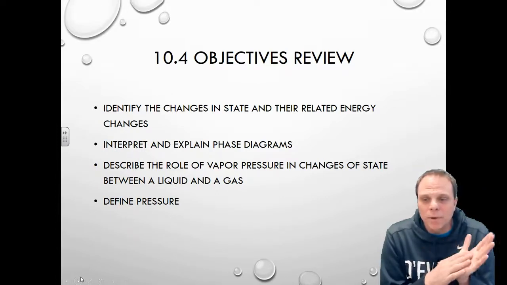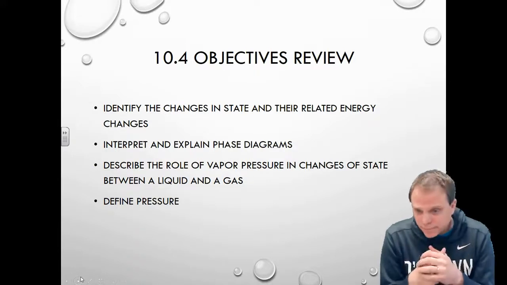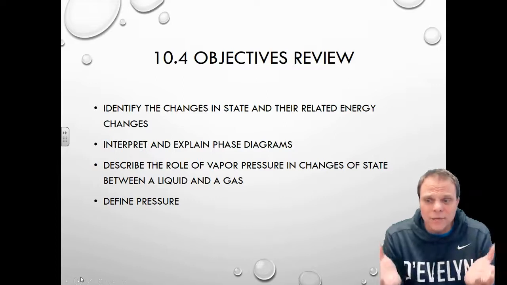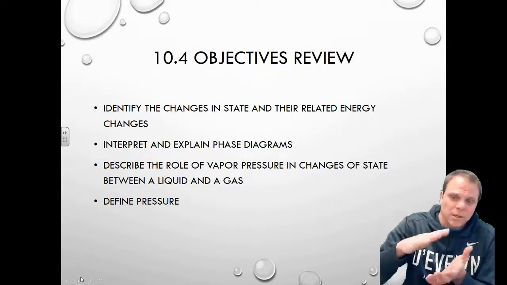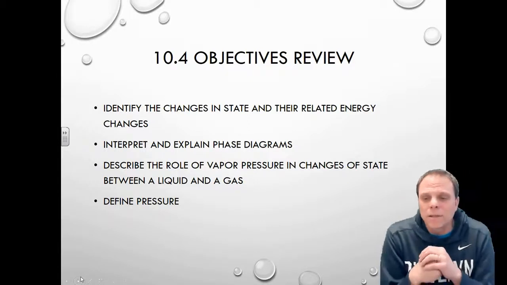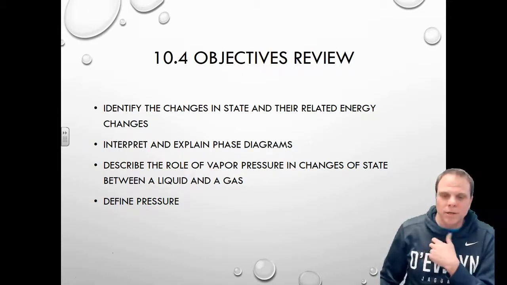And then describe the role of vapor pressure in changes of state. Yeah, so if I increase my vapor pressure, I can see different things happening between the liquid and gas, right? If I increase that pressure, I can make more of that gas go into a liquid form. And so I would need a higher temperature in order to boil things, for instance, right? And then, of course, pressure, you can define that.